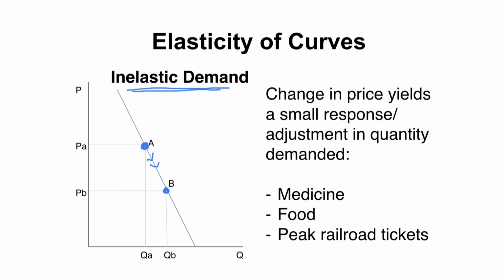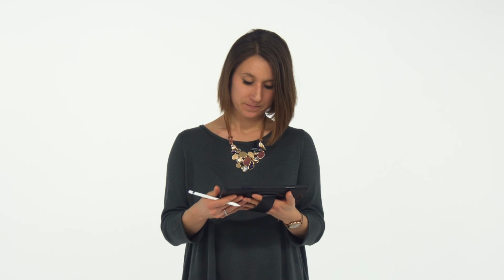We have a fall in the price from PA to PB, and a corresponding response in quantity demanded from QA to QB. When we think about inelastic demand, these are goods that have few substitutes or are necessary goods, such as food, medicine, and goods that you really need to buy, such as peak railroad tickets. All of these would have an inelastic demand.